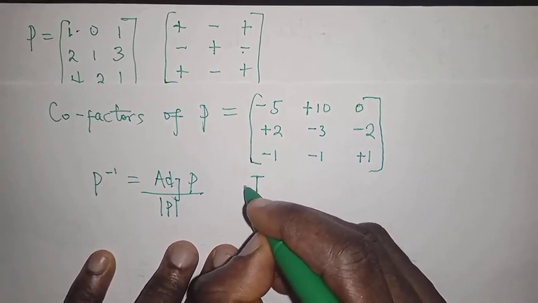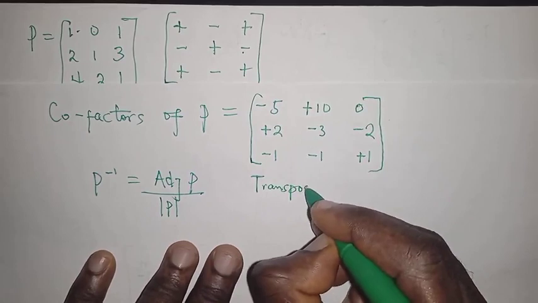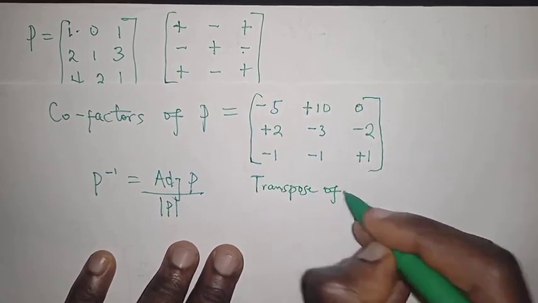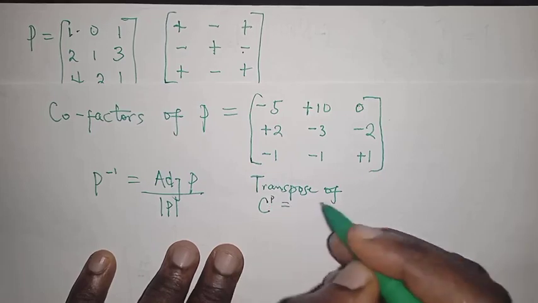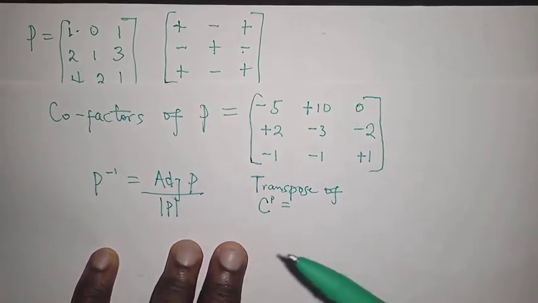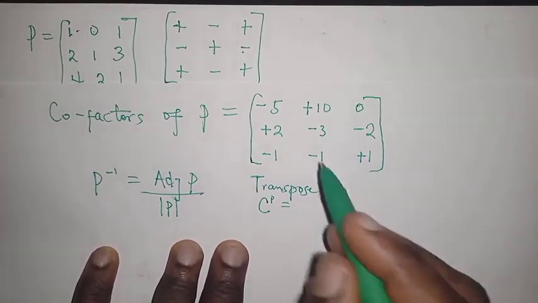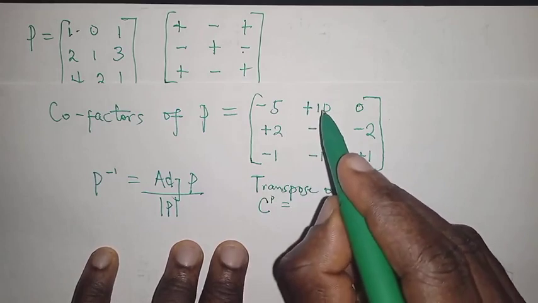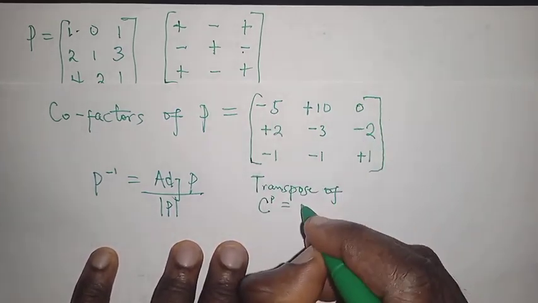Transpose of the cofactor of P is going to be, now to transpose a matrix simply means make all of the rows the column and make all of the columns the row. So minus 5, plus 10 and 0, that is the first row, is now going to become my first column.